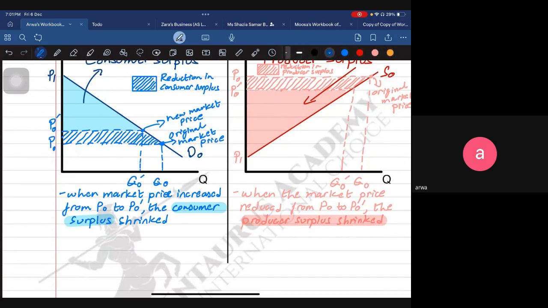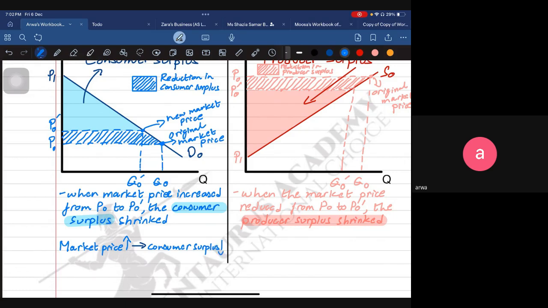Just keep this in mind, that whenever the market price increases, this will basically lead to consumer surplus to decrease.